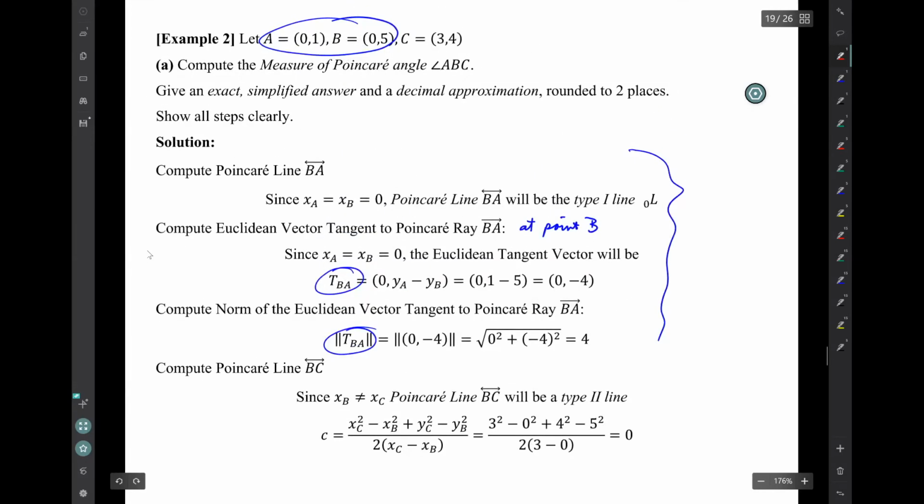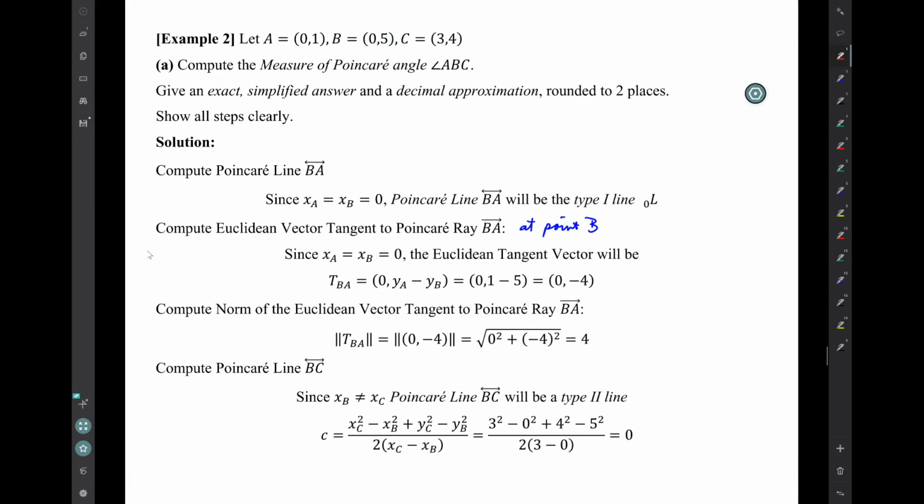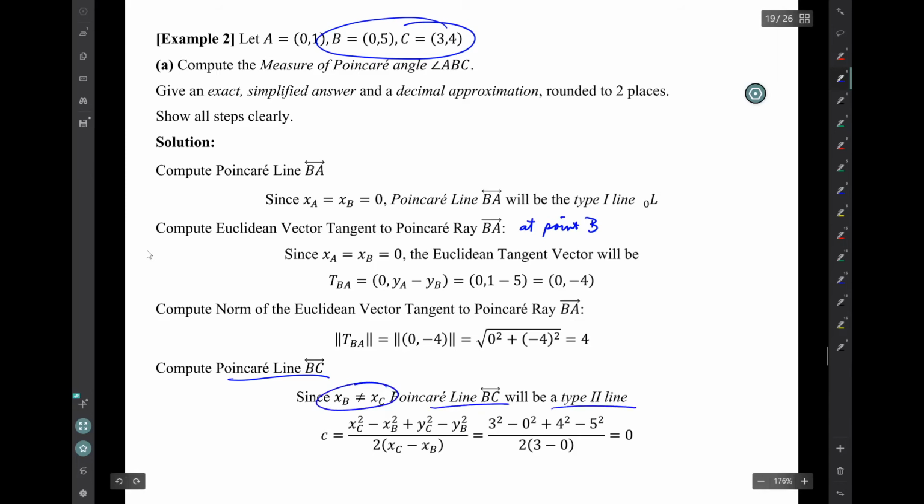That's what's next. In preparation for finding those parts, I need to find Poincaré line BC. I'll scrutinize these points. Notice that they have different x-coordinates, so Poincaré line BC will be a type 2 line. I need to find the value of C for that line, and also the value of R, even though I don't need it right away.